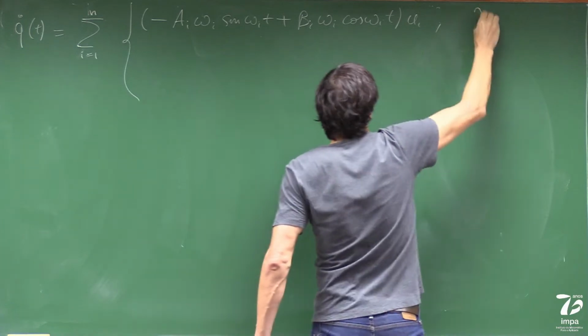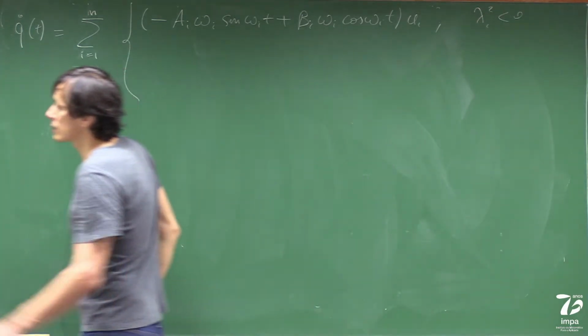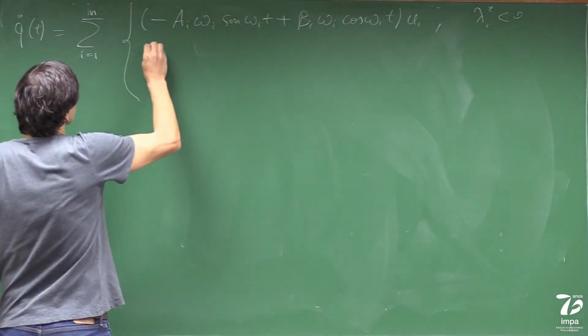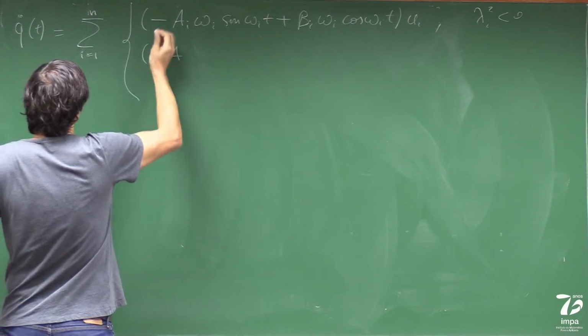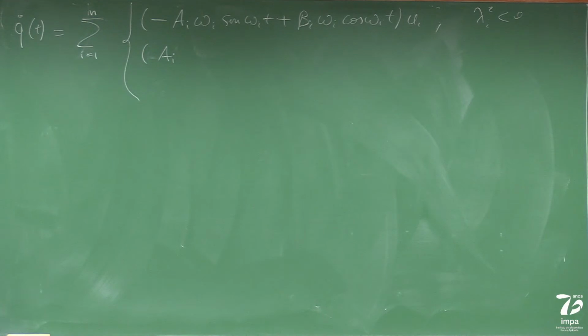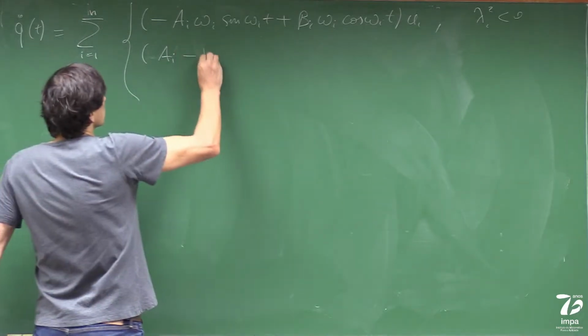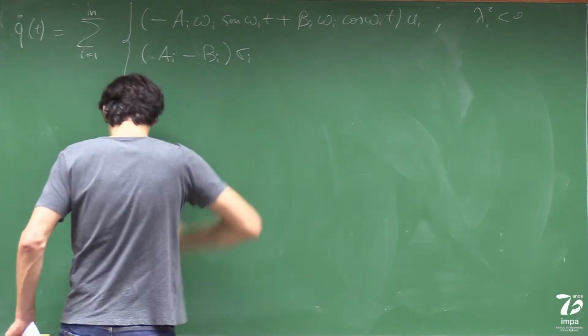This is for lambda squared negative. Then differentiating the exponent, it will give you plus a_i times sigma, and another will also be times sigma.